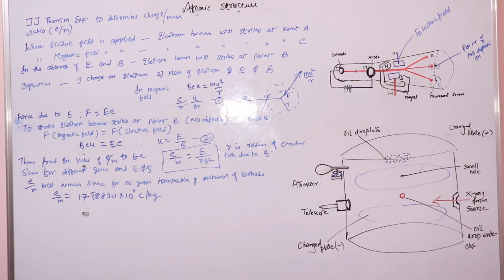This is the value of e upon m, which will remain the same for all samples of gases and the material of the cathode. And e is always a negative charge, you should remember that.